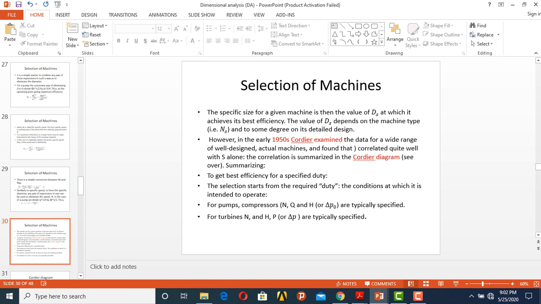So this fellow did quite a number of experiments on the same families, and he experimented on how the diameter of these machines relates to the specific speed, and he came up with a curve. So the specific diameter in relationship to the specific speed was plotted so that you can achieve the best efficiency for specific duties.